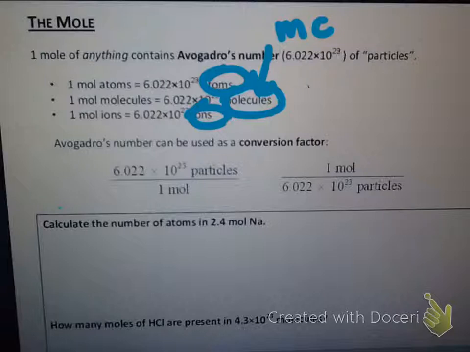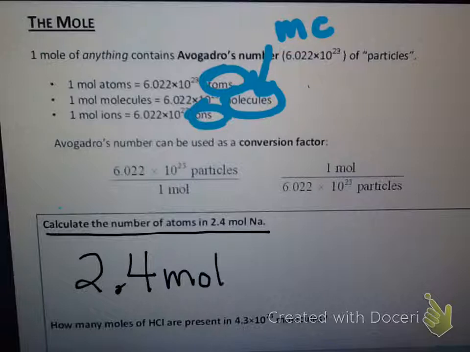Alright, so let's see an example. The first example here says, calculate the number of atoms in 2.4 moles of sodium. So we're going to start with what we're given. We're given 2.4 moles of sodium. Now we know that sodium is an element, and elements are composed of atoms.